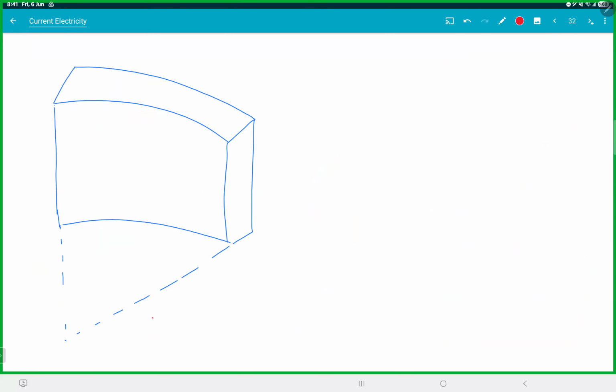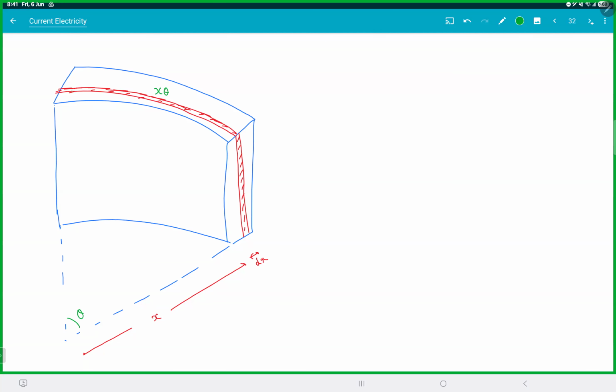At a distance x from center, take a thin slice like this, whose thickness is dx. You're getting how the slice is? And this length will be x into theta.